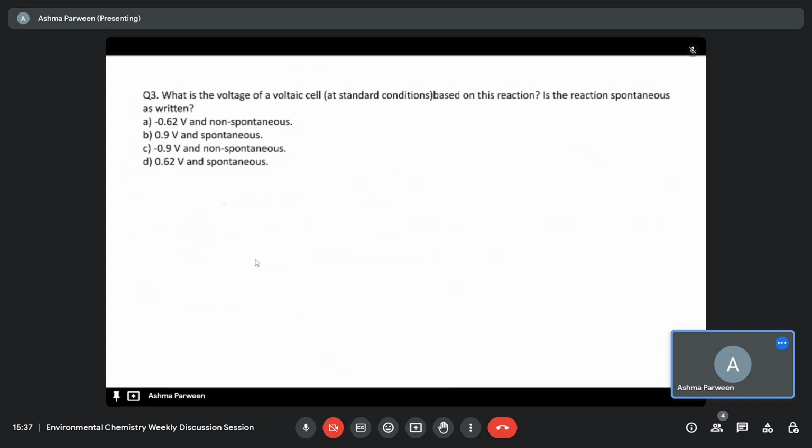The reaction is 2NO3 minus plus 8H plus plus 3Cu forming 2NO plus 4H2O plus 3Cu2 plus.